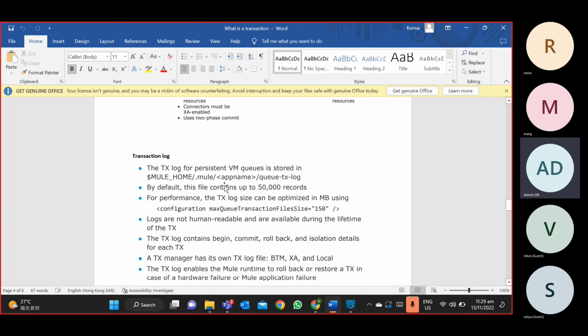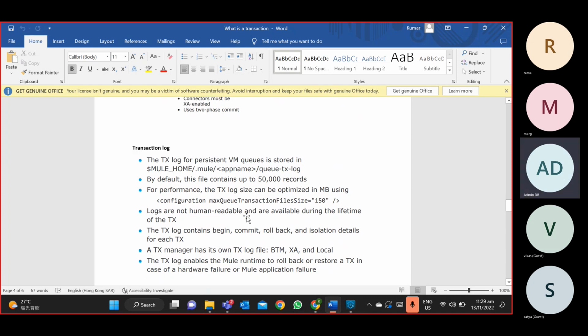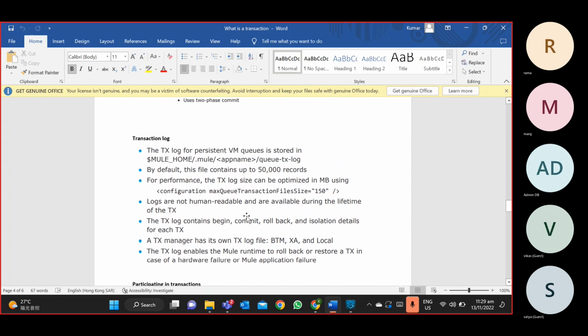It has the capability to hold up to 50,000 records in this particular file. So what all will it consist of: begin, commit, rollback, and isolation detail.